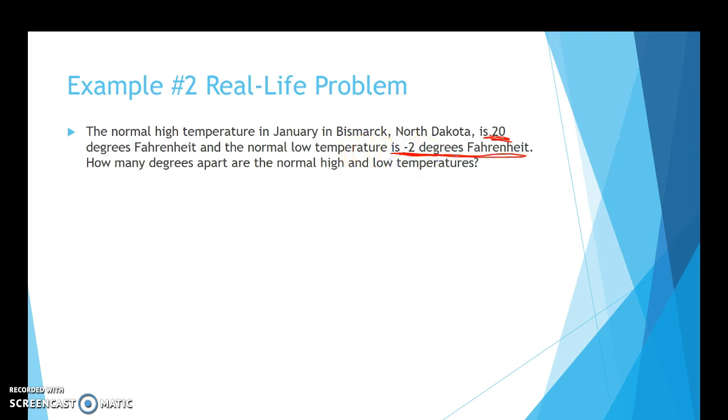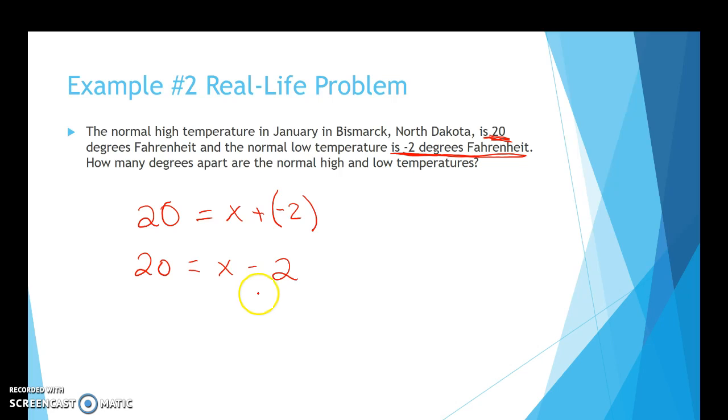We need to set up an equation relating to this story problem to find out the answer of the difference between the two. So we start off with our 20 degrees Fahrenheit. That's our high temperature, equal to, we don't know the difference between the two, so we're going to label that with x. And then we're going to add our low temperature of negative 2 to this. So we're solving for x, so adding a negative, think of this as 20 equals x minus 2.